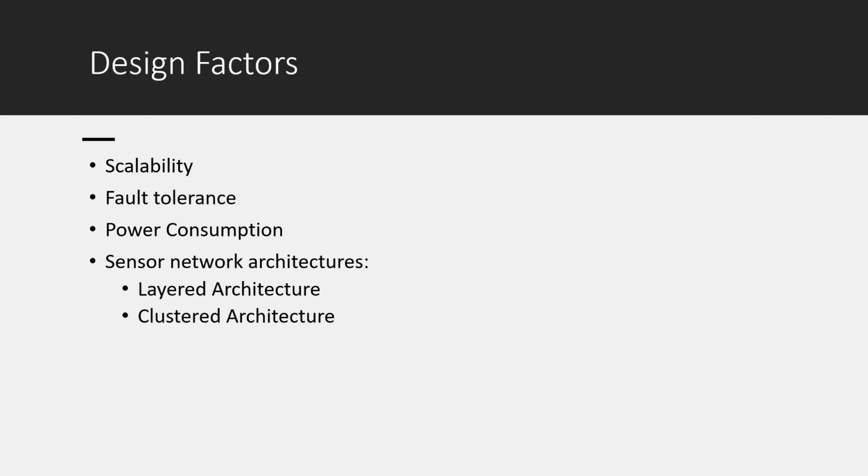Next is power consumption, which we also have to consider. For example, suppose we create the network in such a way that there is a bridge in the network and one node is in the middle of that bridge. A bridge means that for communication between one part of the network and another part, only one node is present in between.